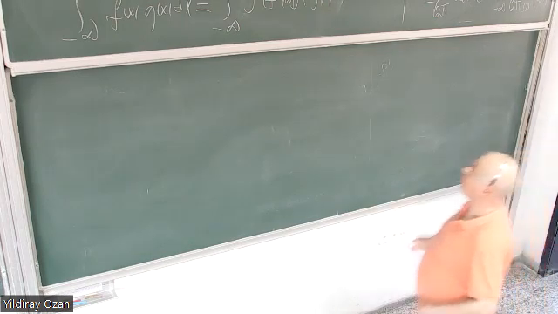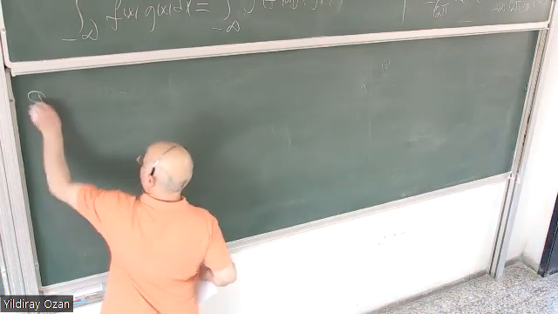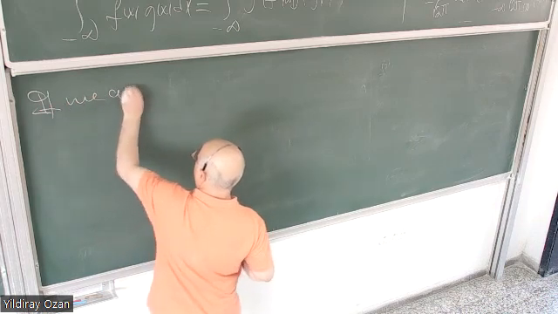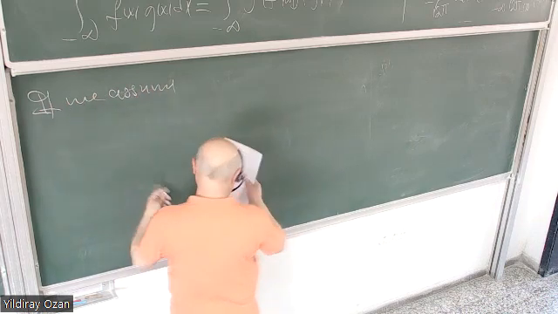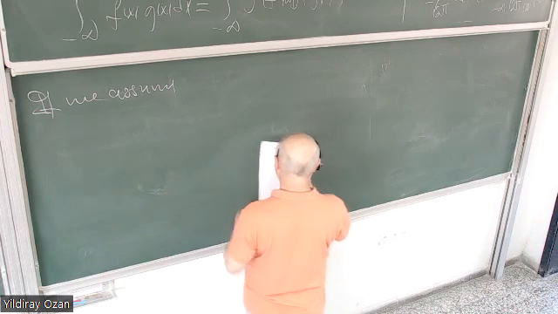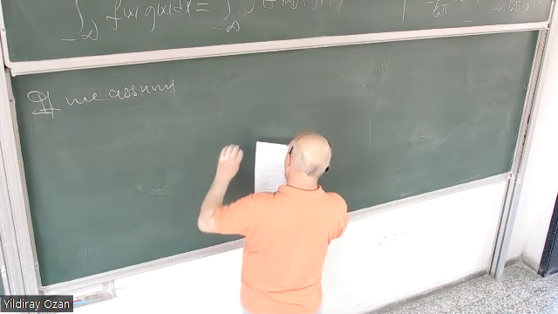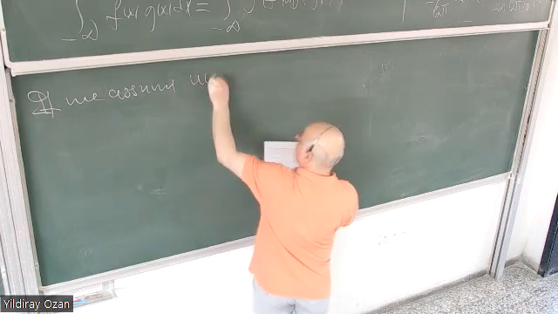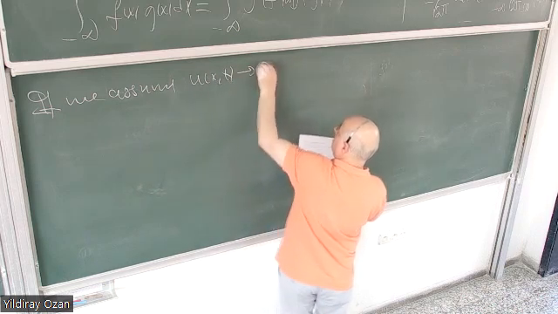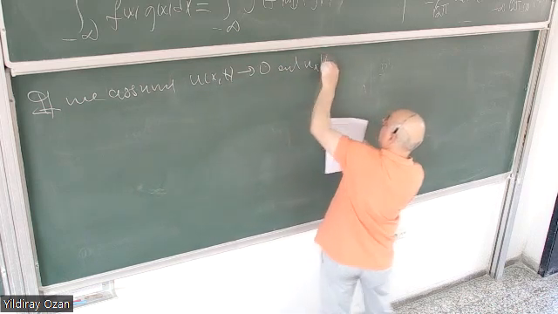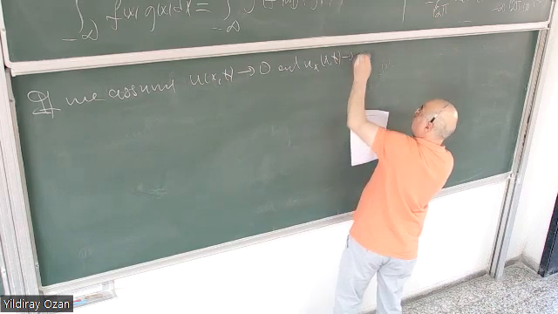So, if we assume şu koşulları: u(x,t) goes to zero and u_x(x,t) goes to zero.